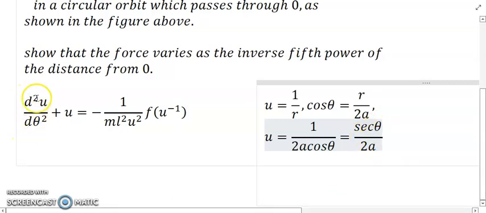And from the differential equation, we have the second derivative, meaning that we have to differentiate U twice.